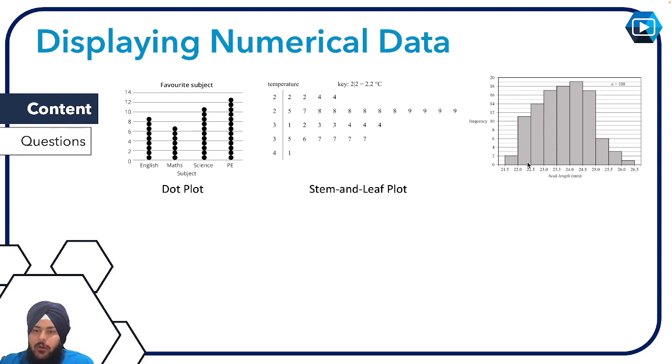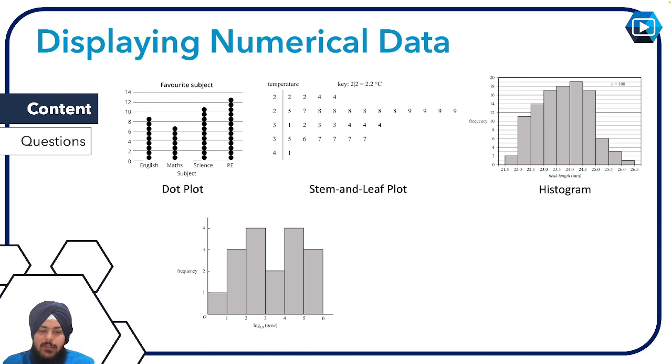Whereas this bar over here represents all the values that were between 22 and 22.5, and so on and so forth. So again, it's very similar to a bar chart, but this time the bars are connected and they represent a range as opposed to a single category or a single value.